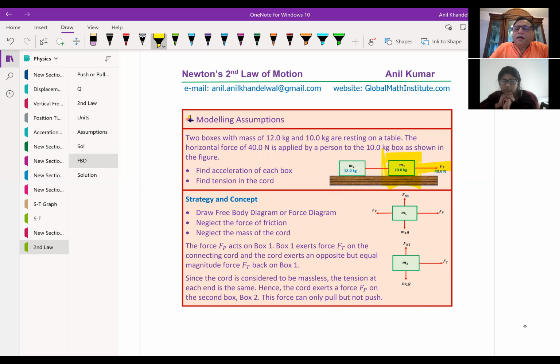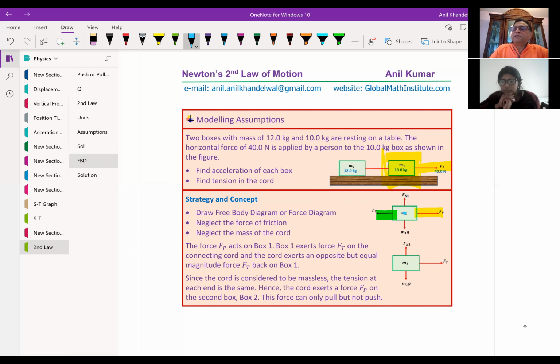As soon as we pull this, there will be a tension, and we are calling that tension F of T, right? So this is the tension which will be in the reverse direction. As I explained earlier, strictly speaking, all these lines are actually originating from the center of the body. So I'm not actually messing it up, but I'm showing you all of them are actually starting with the center of the body.